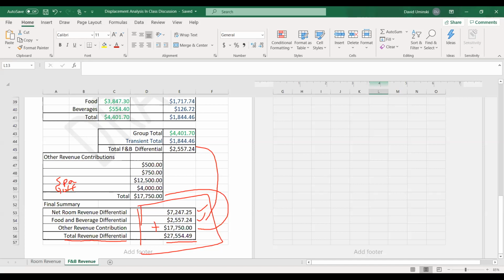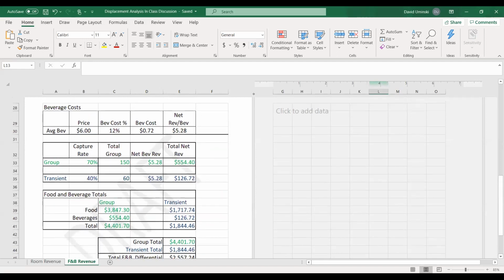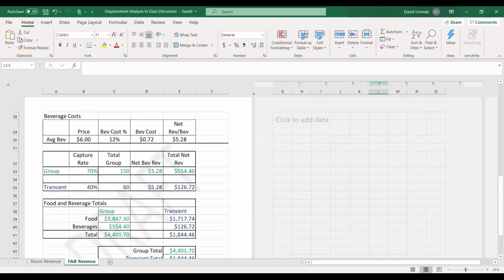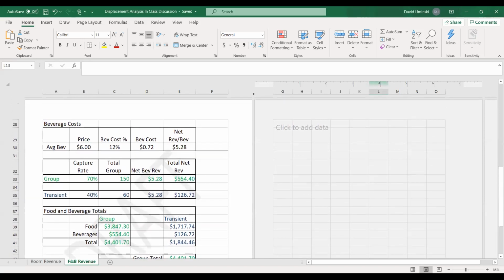I know when we were talking about the 70 and 40%, what is it called, the capture rate for the food, and we did all of our math because of it. When we went up and it says the total group 150. Yeah. And the transient was 60. Yeah. For the total group, and the capture rate was there.